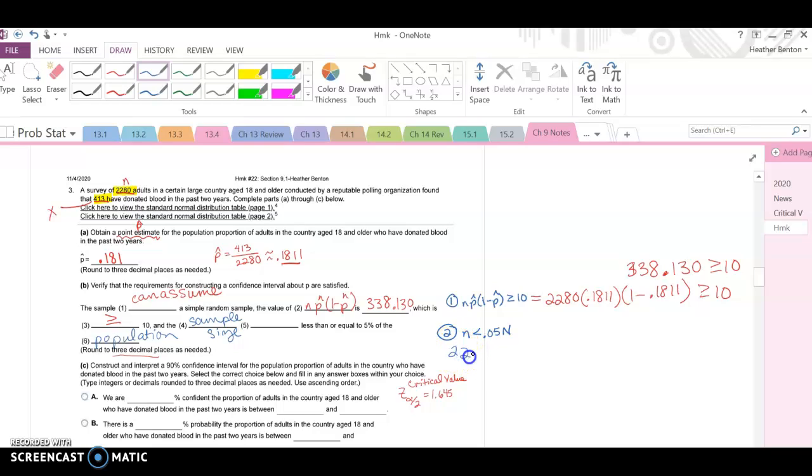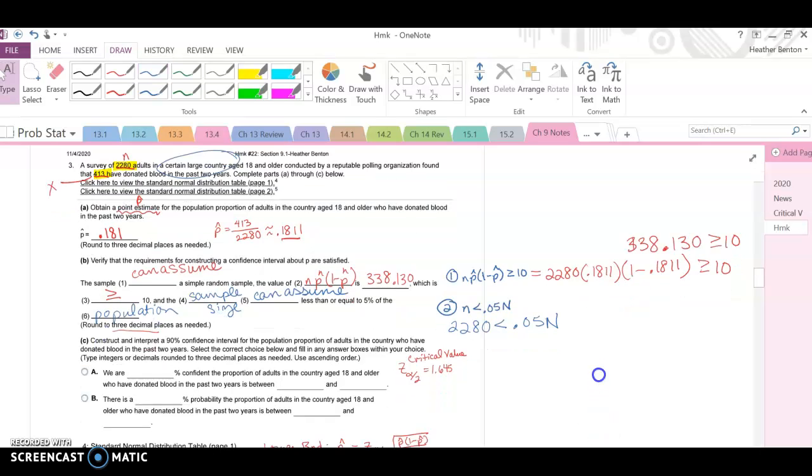This is 2,280 is less than 0.05. I guess if it's a really large country, even though we don't know that number, we're going to go ahead and assume that 2,280 is less than 5% of the population. So we can assume it to be less than or equal to 5% of the population. All right, don't love that they have us assuming so much, but it'll be okay.